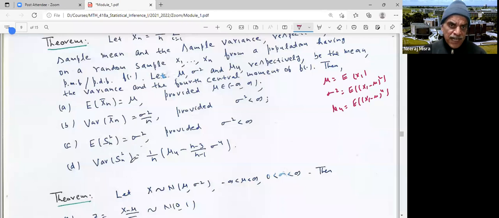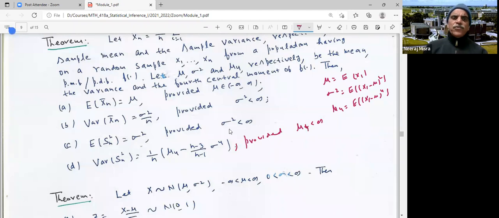One can also find variance of Sn square. That will turn out to be in terms of the fourth central moment, 1 upon n times mu4 minus n minus 3 upon n minus 1 sigma to the power 4, provided mu4 is less than infinity.